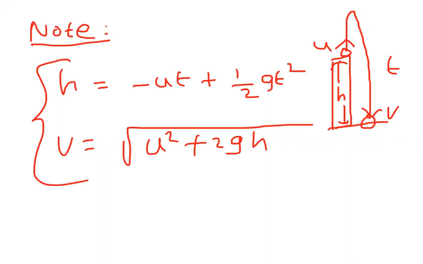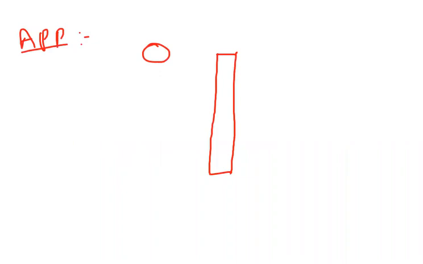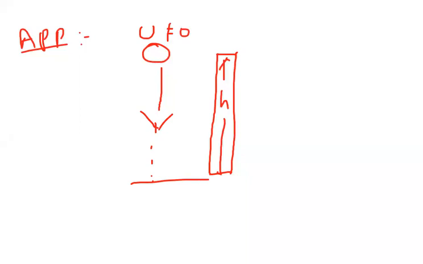Now let us discuss these two things better. I'm taking one application like this. If a body is thrown downward from the top of a tower of height h, the body is thrown down, so here u is not equal to 0, vertically projected down.